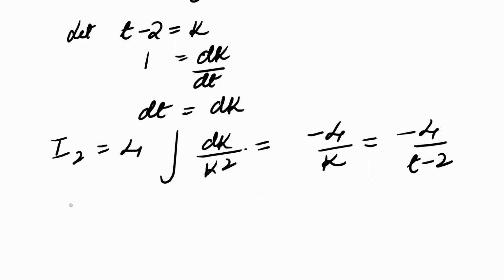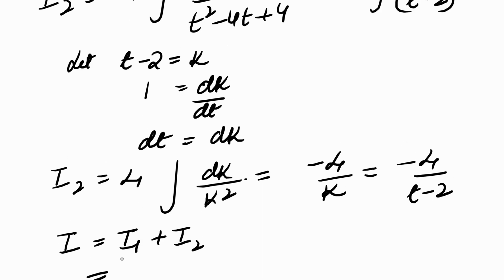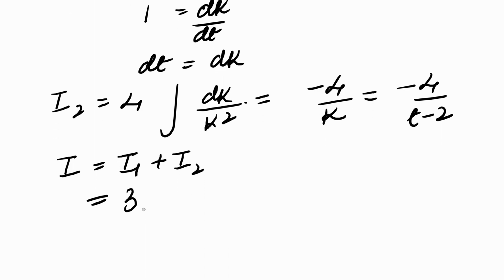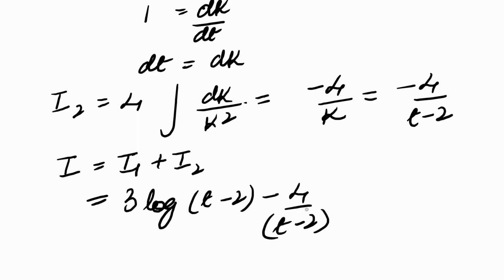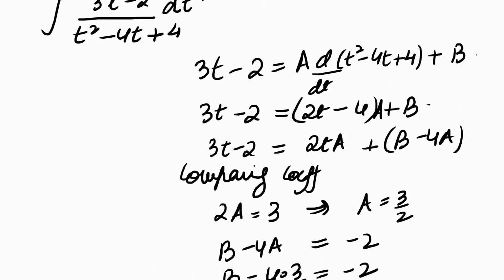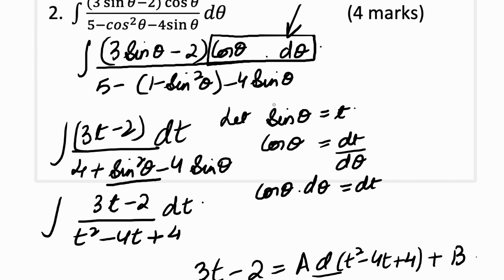Okay, so I was what? I is equal to I1 plus I2. Now what was I1? I1 was 3 log t minus 2, and I2 was minus 4 upon t minus 2. Now what was t? We had substituted, t was sine theta, if I remember correctly.